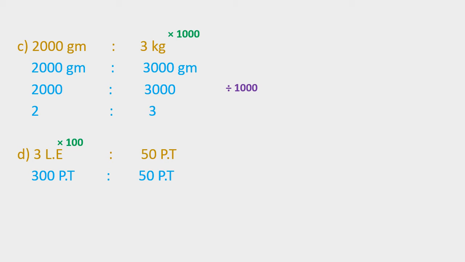We can ignore the units, 300 to 50, and we can divide them by 10. Then 300 divided by 10 equals 30, 50 divided by 10 equals 5, and we can divide the two numbers by 5. 30 divided by 5 equals 6, 5 divided by 5 equals 1. 6 to 1 is a ratio in its simplest form.